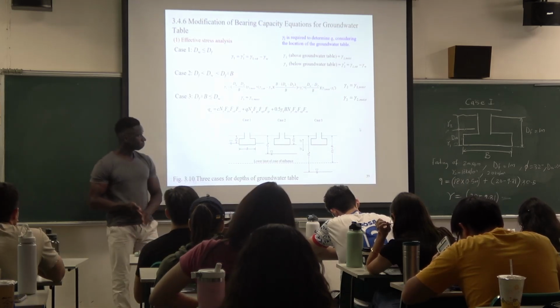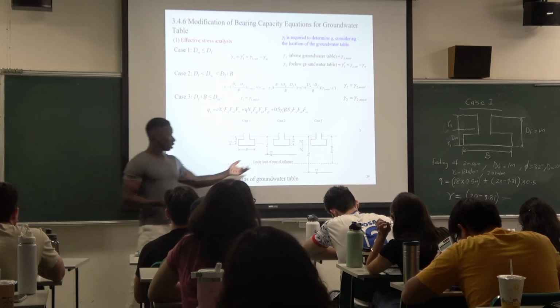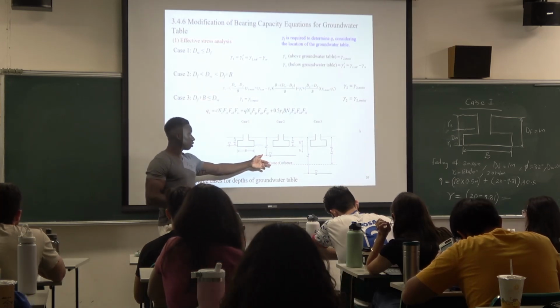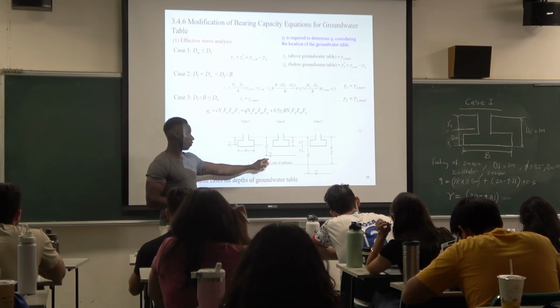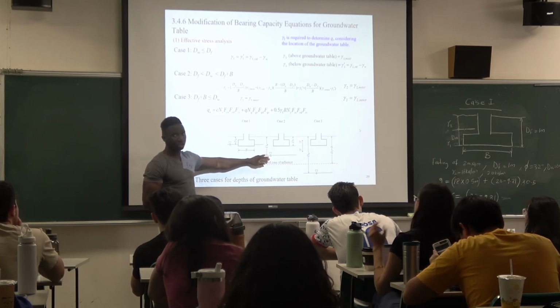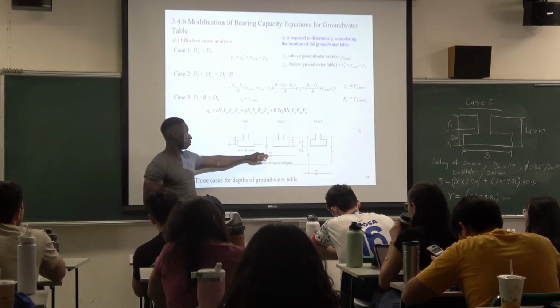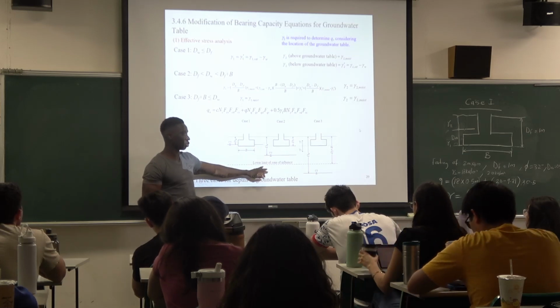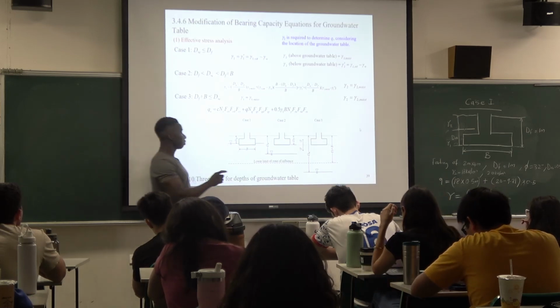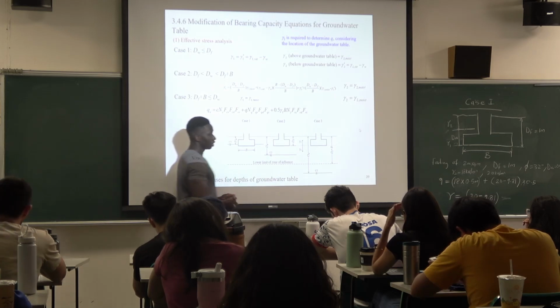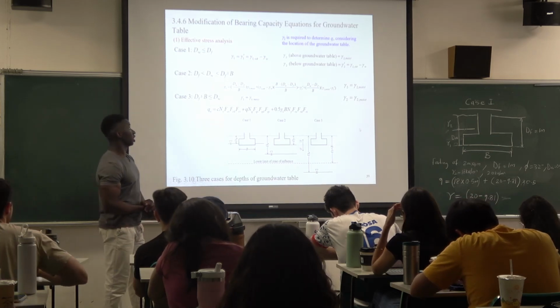So at this point, we should not ignore this water level here because it's not deep enough. You may probably say, but it's below the foundation, I don't need to consider it. But the depth from here to here is not big enough for you to ignore it.